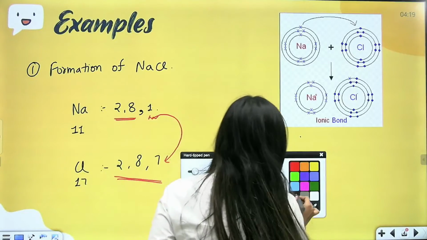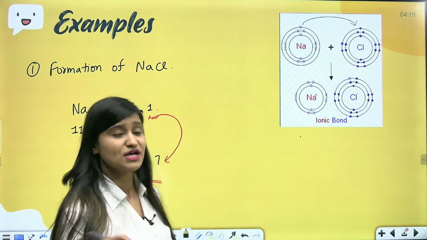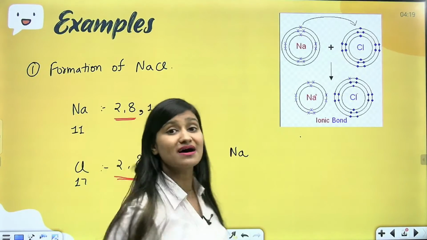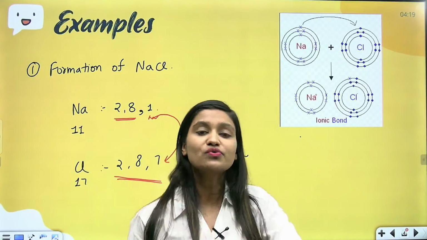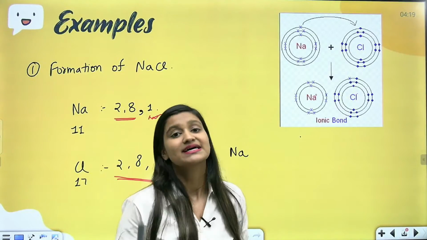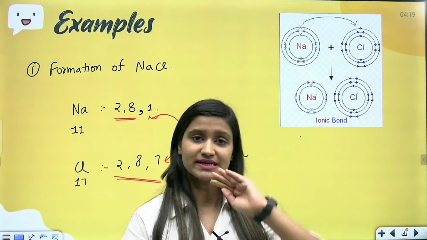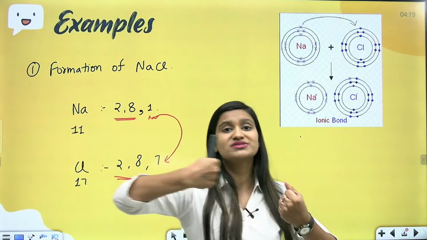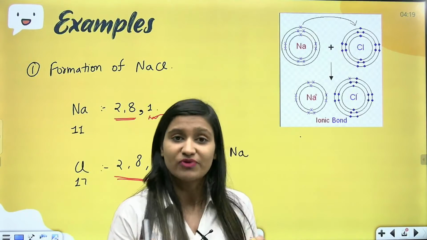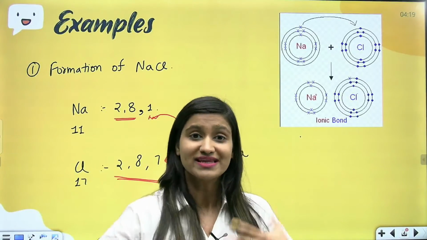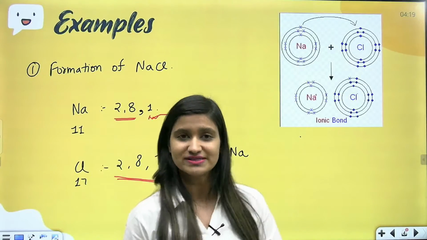Now let's look in the terms of equations. So when it comes to sodium, Na, you guys need to remember one thing. Whenever a metal atom, usually a metal atom, loses its electron, it gets a positive charge on itself.